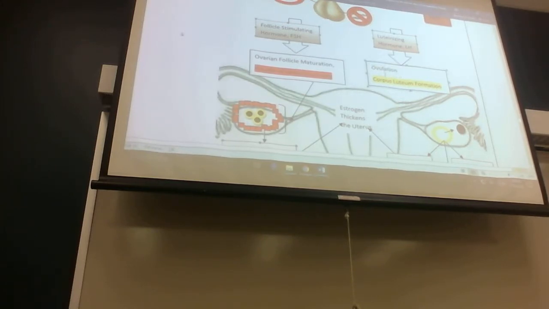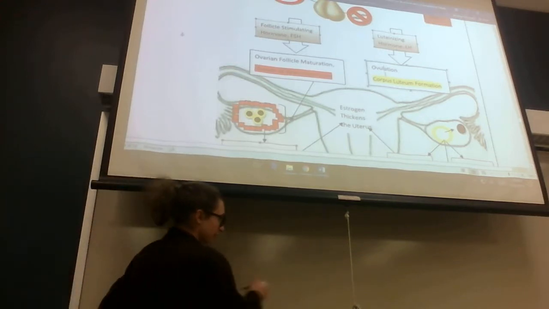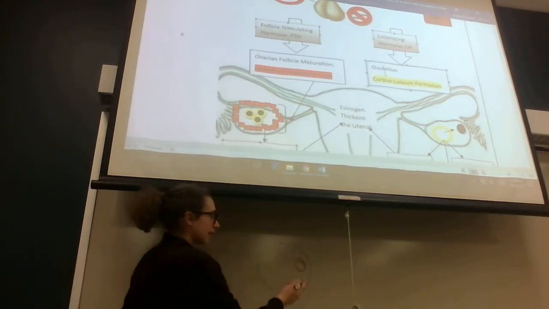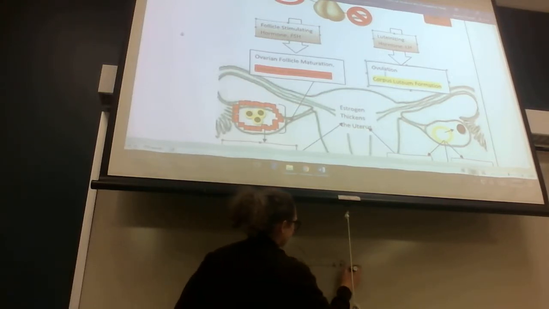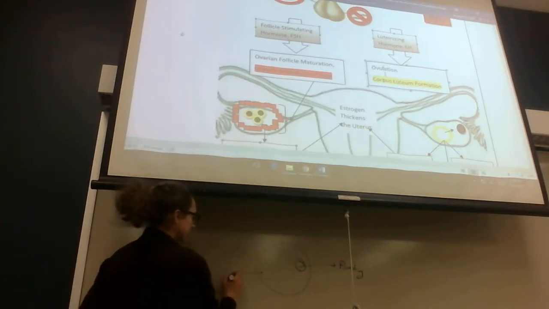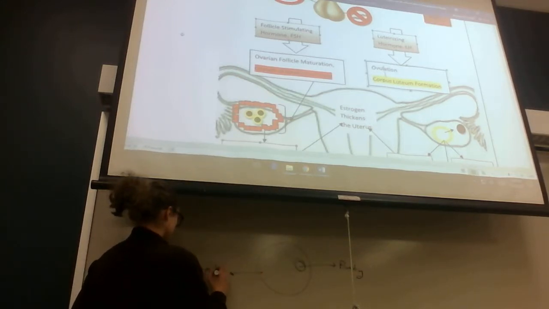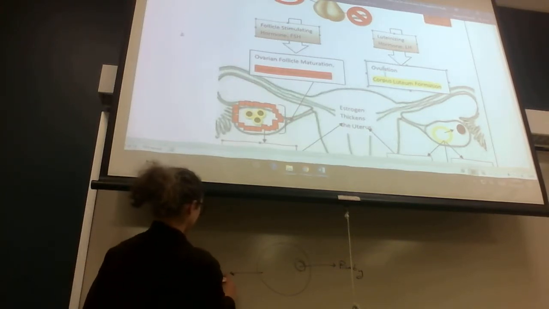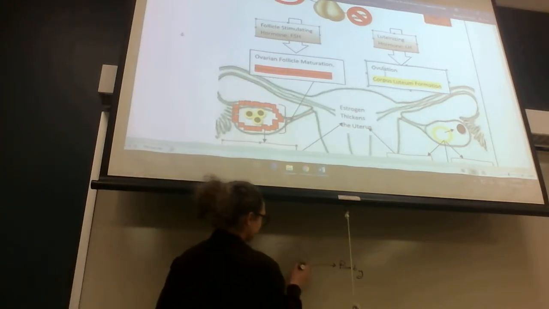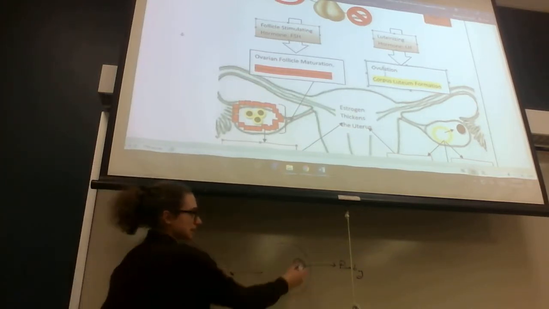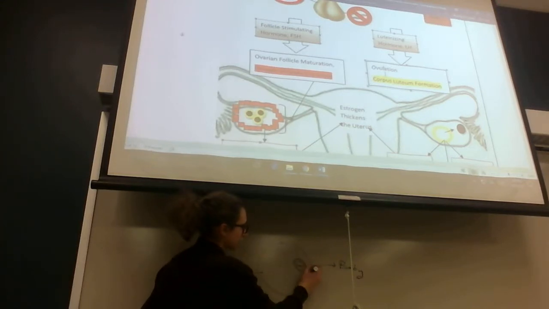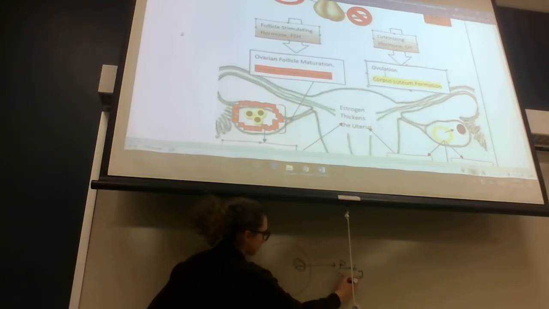And ovulation is, we talked about your follicle having two parts, right? You have like the egg white and the egg yolk. The egg yolk is the one that becomes the baby. The egg white portion of it becomes the corpus luteum. So this whole thing is a follicle, but the portion that becomes the baby is actually the oocyte.